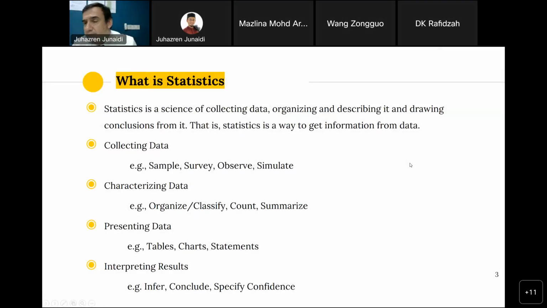This might be a very basic question, but we have to ask that to settle down our travel through what we are doing for educational research. So what is statistics? Why are we using statistics?